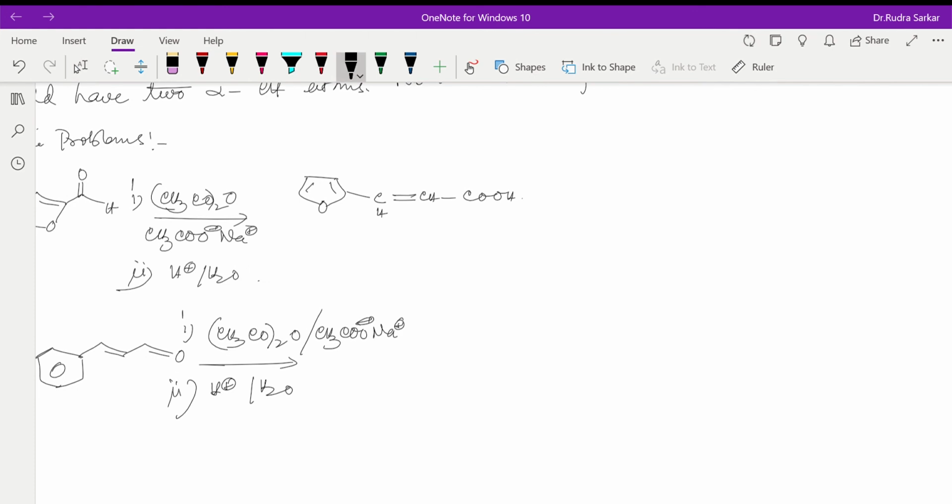Again, this is your aldehyde part. So to that, what do you add? CH, COOH, that's it.